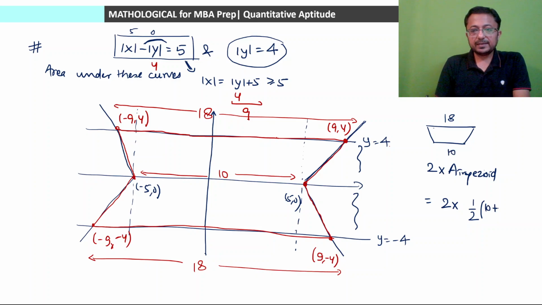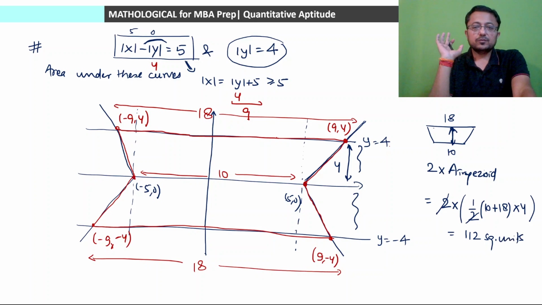So 10 plus 18 multiplied by the distance between the parallel sides, and this distance is equal to 4. So 2 into 1/2 into 28 into 4, that is 112 square units. So the answer will be 112 square units.